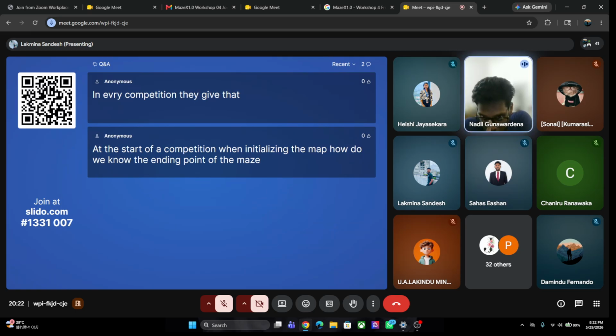In every competition, they give that. Yeah, definitely they give that. Otherwise, you cannot apply the flood fill algorithm. You need to know where you need to go, right? So yeah, they give that.